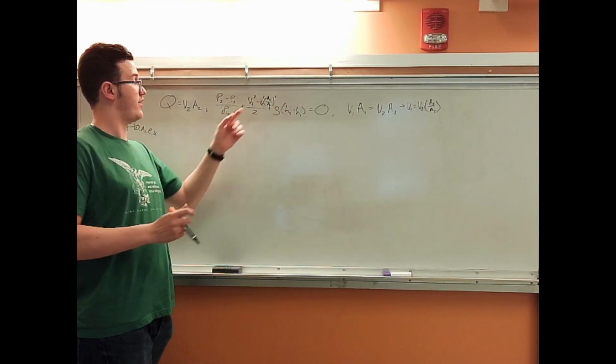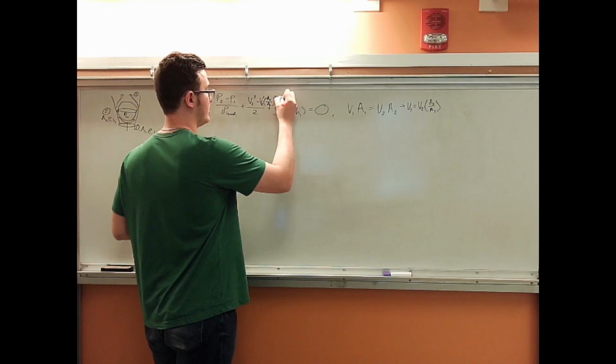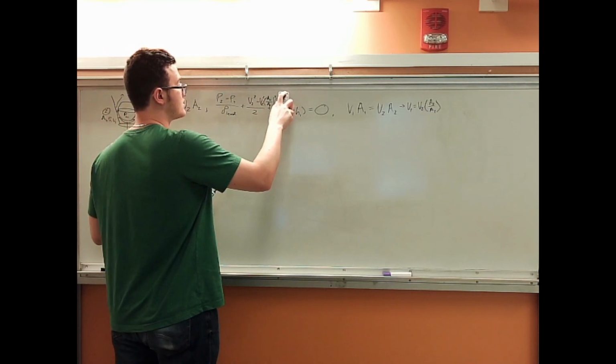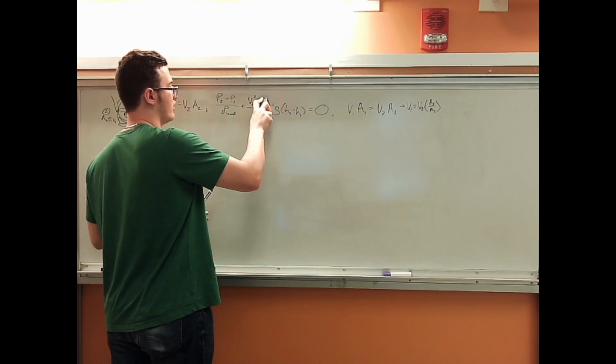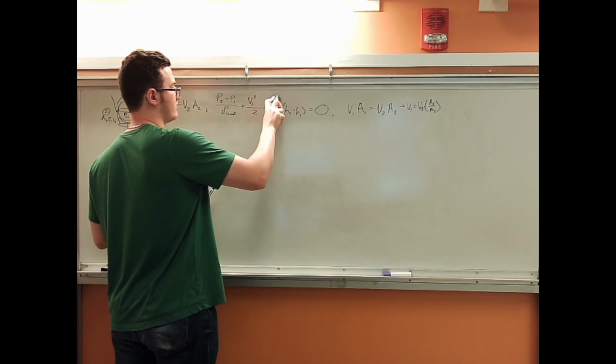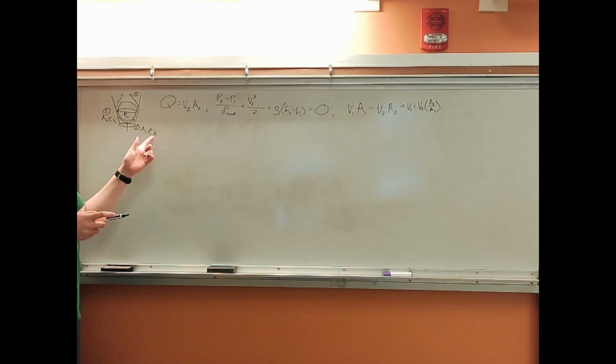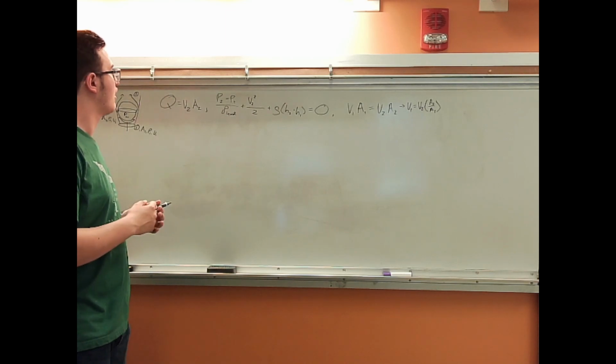So that means that this is 0, and V2 is multiplied by 0. So this entire little value is equivalent to 0. That also means that the velocity at state 1 is small relative to the velocity at state 2.